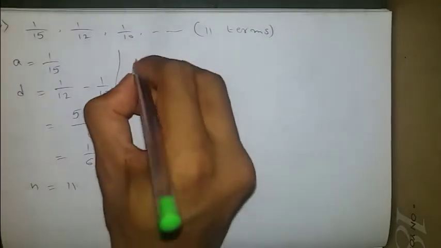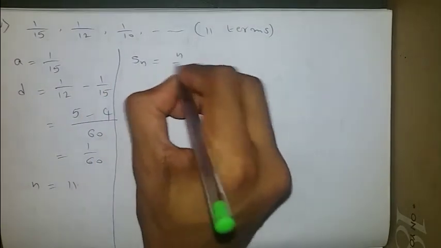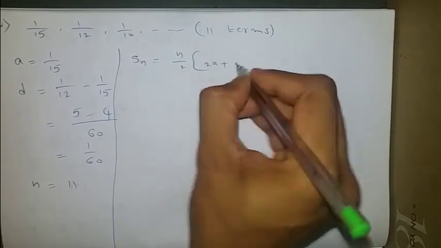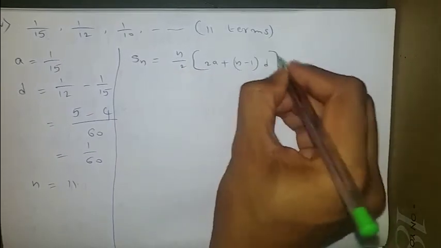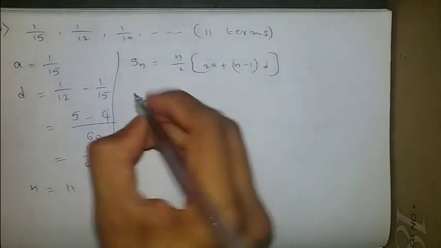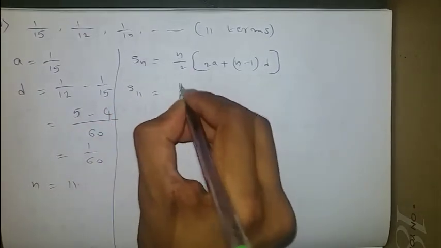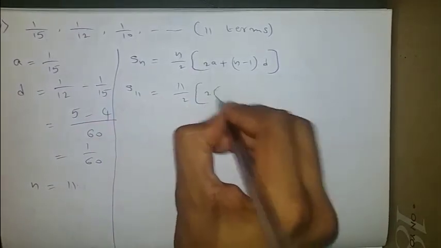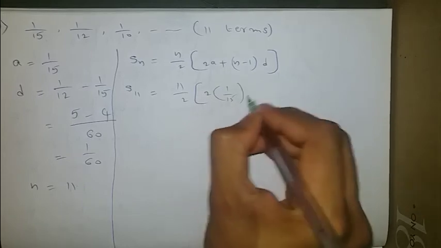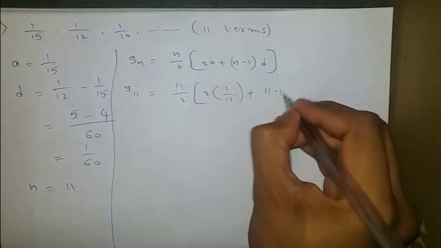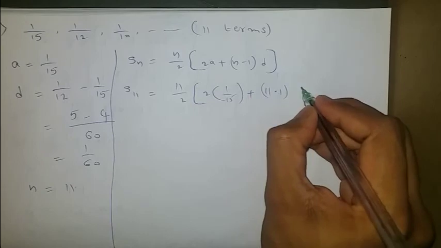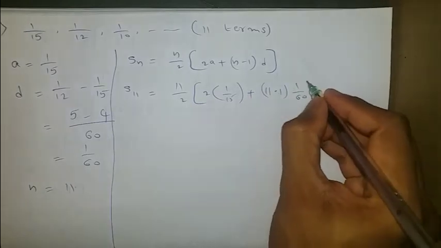Now let us substitute in the formula. Sn equals n by 2 times 2a plus n minus 1 into d. So S11 equals 11 by 2 times 2 into the a value 1 by 15, plus the n value 11, 11 minus 1, times the d value 1 by 60.